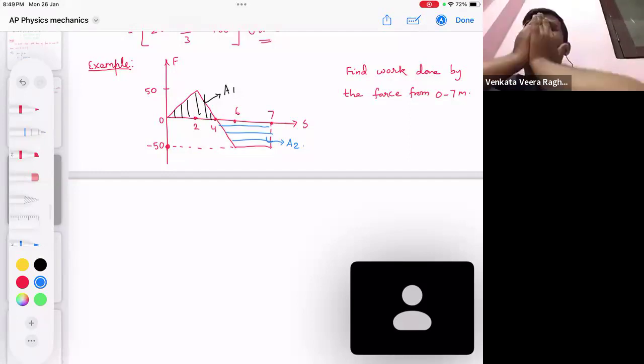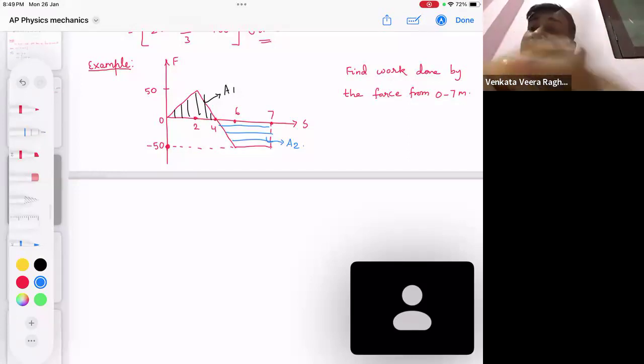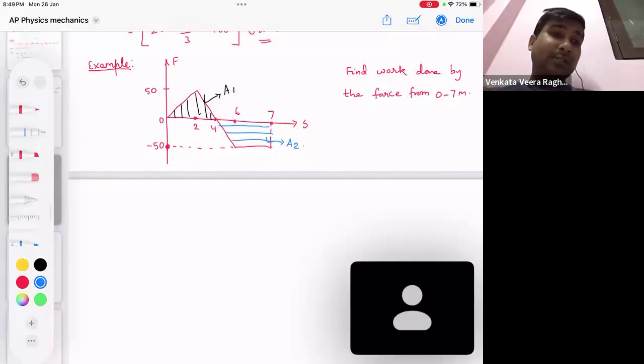Because A1 area is forming above the axis and A2 area is forming below the axis. So A1 take it as positive, A2 take it as negative, and find out both the areas. Simple area is there. One shape is a triangle, other shape is a simple trapezium. Find it and tell me how much it is coming.